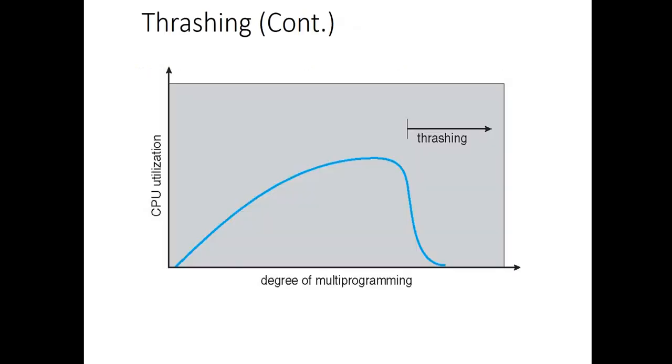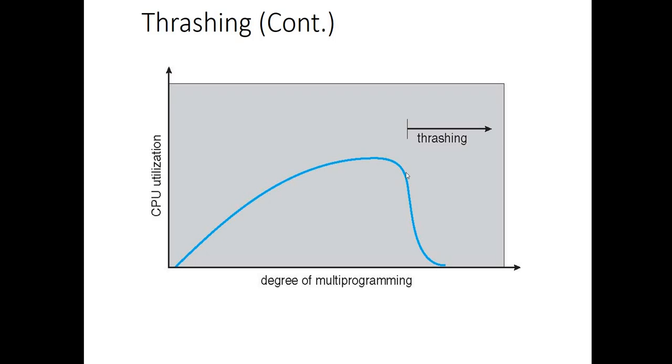Let us observe the effect of thrashing by increasing the degree of multiprogramming. Initially, when there are fewer processes in the main memory, CPU utilization will be higher. As you increase the number of processes in the main memory, the CPU utilization keeps increasing to a certain limit. At one point of time, when the threshold limit is reached, even if you increase the number of processes in the main memory, the CPU utilization will not be improved.